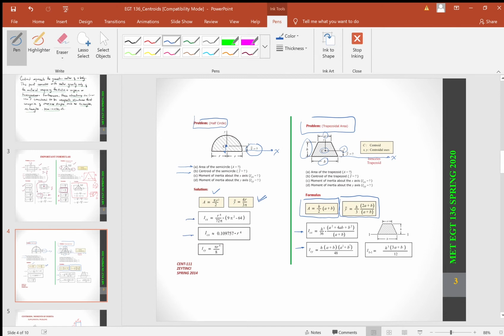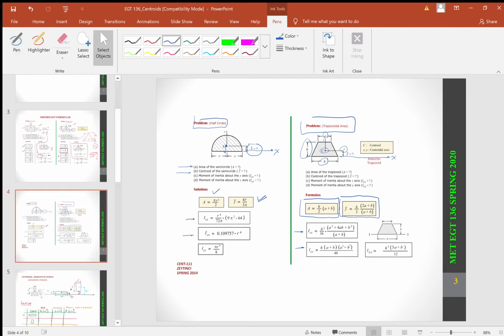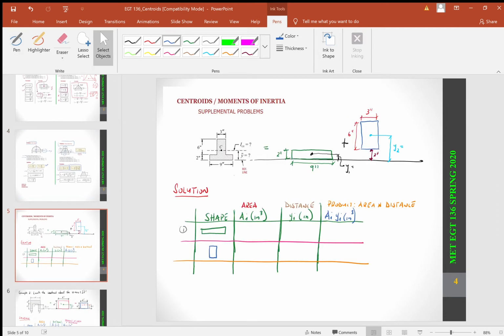All right, let's jump into an example I have outlined here. So we have this geometric shape here. It's a composite, actually made up of 2 rectangles, right? Because you can break this up.